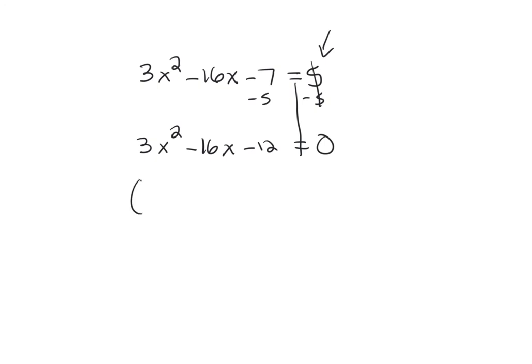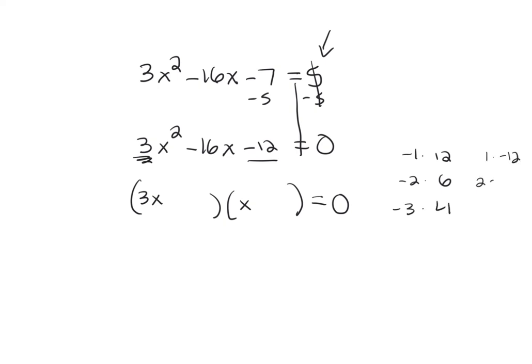Okay, so now I need to factor. All right, so factors of 3 would be, so I've got 3x and 1x. Okay, factors of negative 12: negative 1 times 12, negative 2 times 6, negative 3 times 4, 1 times negative 12, 2 times negative 6, 3 times negative 4. Okay, if I plug in plus 2, minus 6, let's check that.